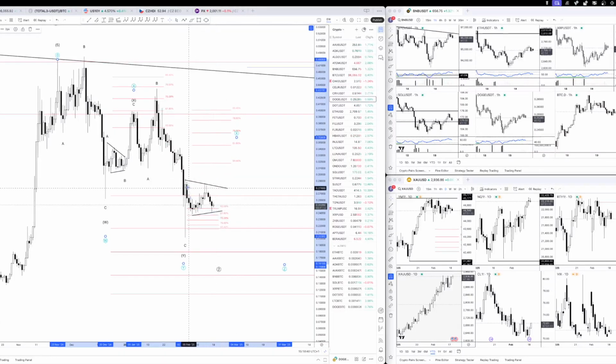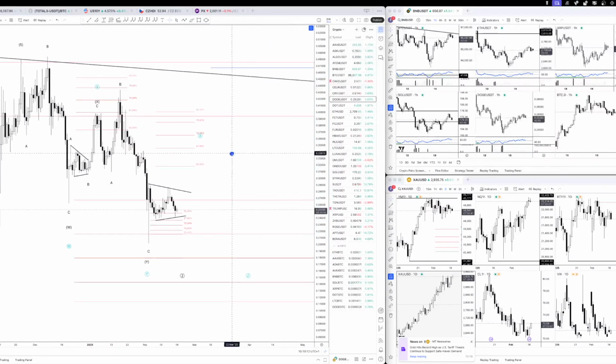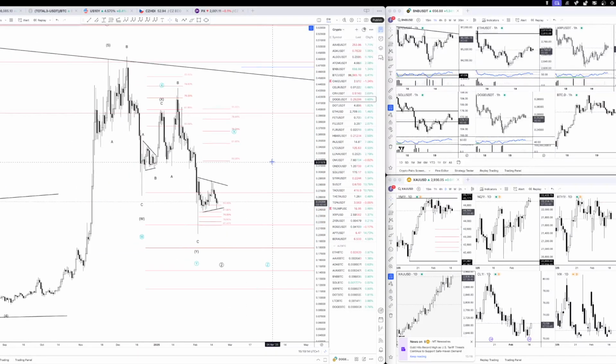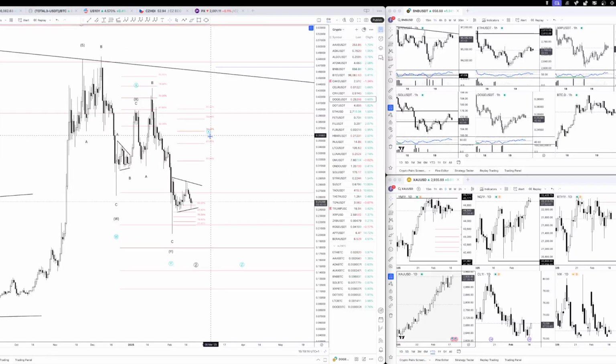So we could expect, once this triangle resolves, if it is a triangle, by the way, so we have A, B, C, D, E. Okay, so you can expect two more swings, one up, one down, assuming this one is complete, before a push up towards the 61.8%, 70.2%. Okay, but that would be short-lived. I think that would be short-lived in this particular scenario, because you would still have to do a 3-wave to the downside for the Z part.